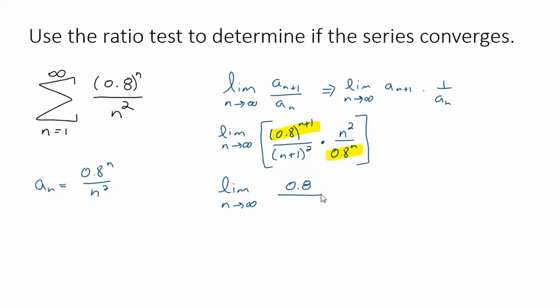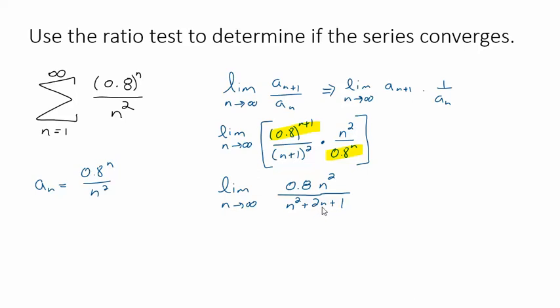As far as the n squareds go, we can't really cancel anything here, so we're just going to write that as n squared over n plus 1 squared. If this was to the 5th power or something, I wouldn't suggest multiplying it all out. You can think about what's going to happen as n approaches infinity without multiplying this out, because you're going to have a polynomial of degree 2 in the numerator and a polynomial of degree 2 in the denominator.